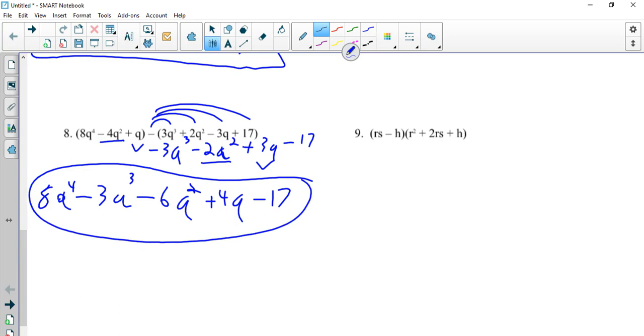Okay, this one's a messy one. You're going to multiply RS times everything. Take your time. RS times R squared. Well, that's R1, R squared makes R cubed S. Be very careful and slow with these. Next, RS times 2RS.